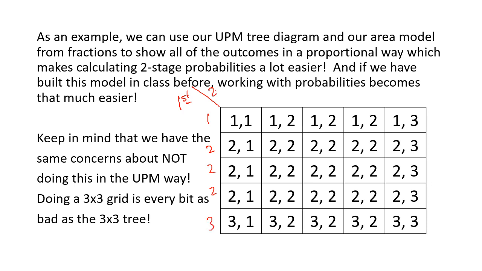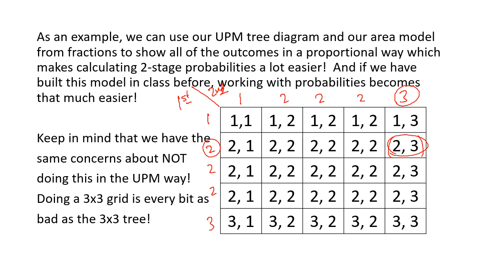And then along the top, we have the outcomes for the second spin: 1, 2, 2, 2, 3. If we combine these together, you can see, for example, this 2 and this 3 meet up here at the ordered pair 2, 3. It wouldn't hurt to put these in parentheses, but we'll just make clear that the first number is the first spin and the second number is the second spin.